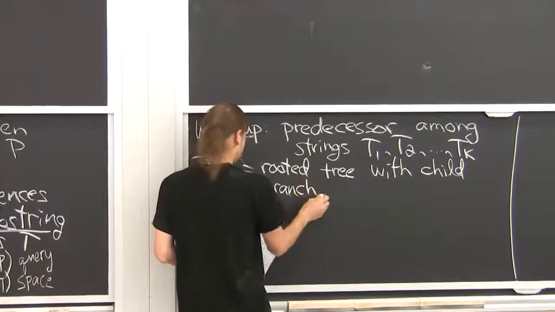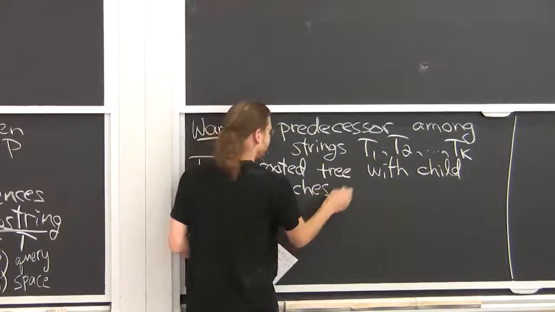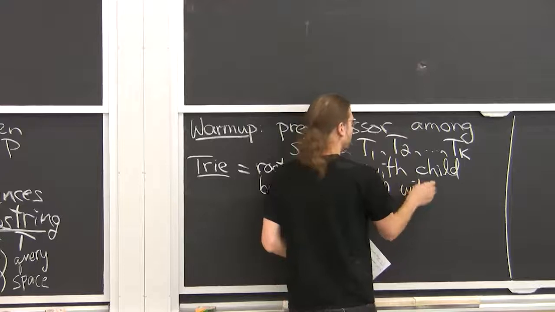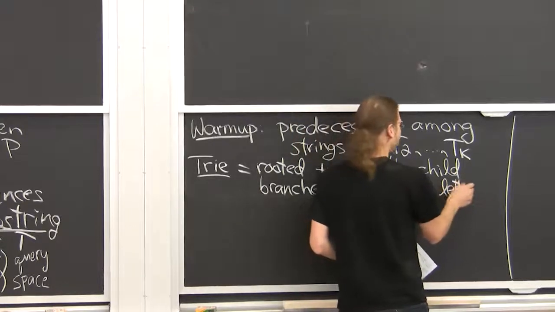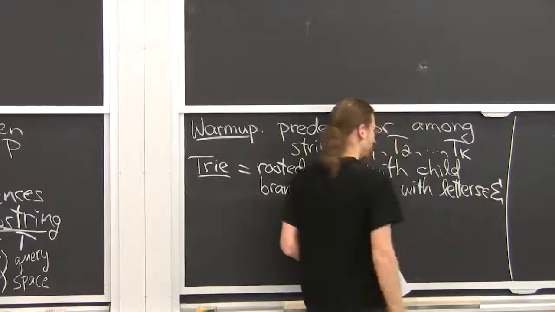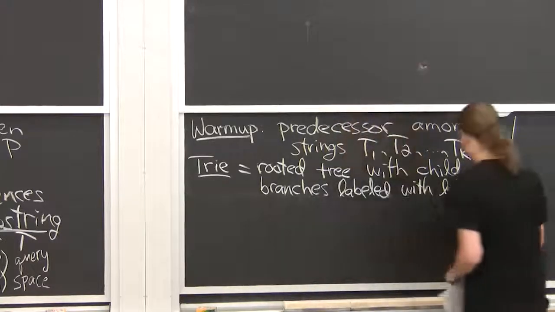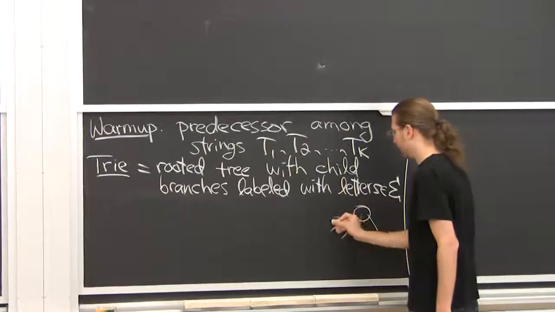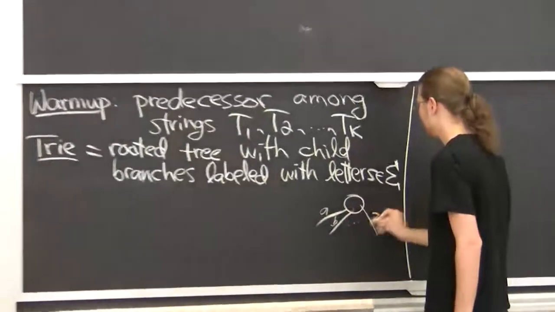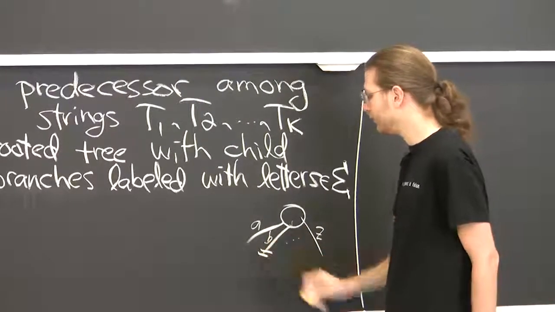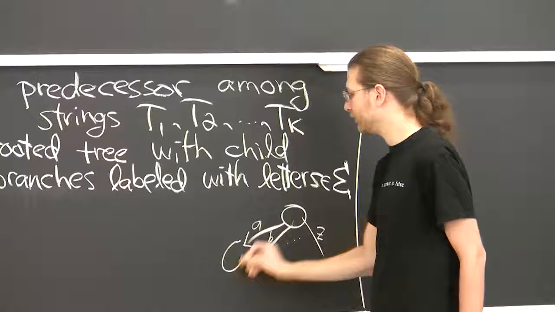The children branches are labeled. And in this case, they're labeled with letters in the alphabet sigma. So you have a node, and let's say we have the English alphabet, A, B, up to Z. Those are your 26 possible children. Some of them may not exist. They're null pointers. Others may point to actual nodes.